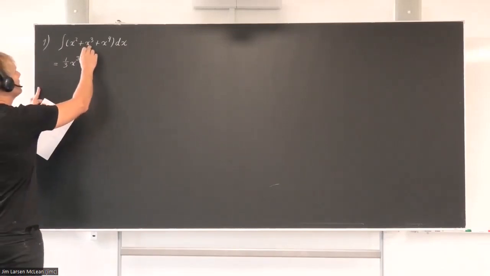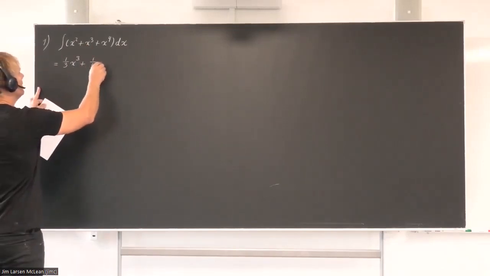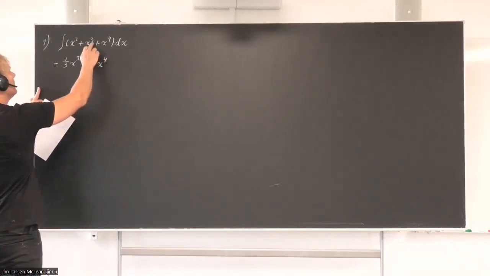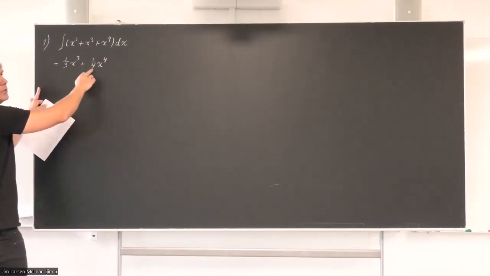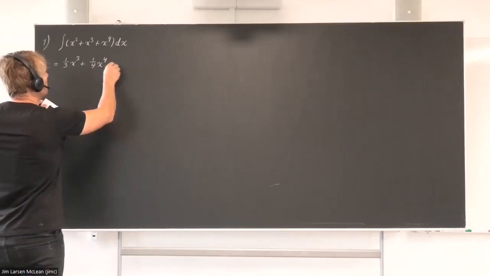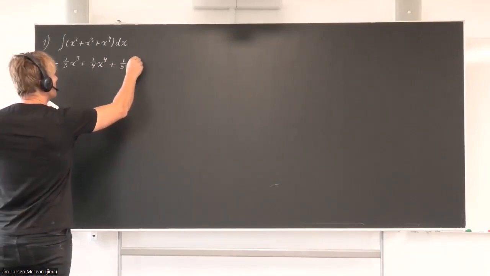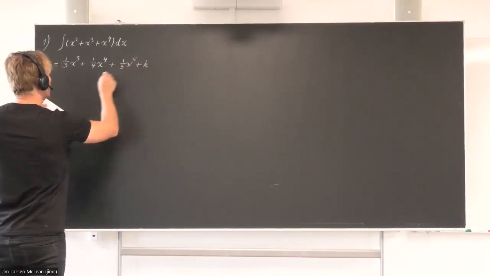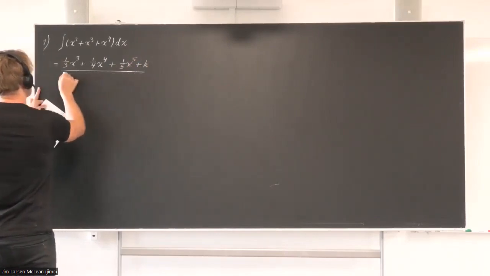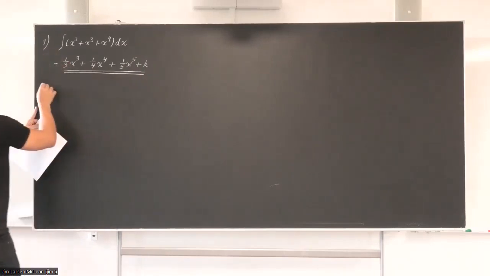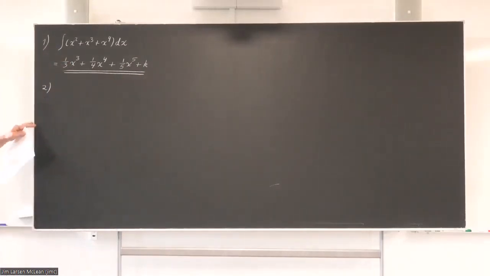The integral of x cubed must be 1/4 x to the 4th, because I need to increase the exponent by 1 and remember to divide by the new exponent. And likewise, the last term must be 1/5 x to the 5th. And finally, we can remember to add the constant to get all the antiderivatives. So that's the answer to task 1. And this is why I also like boards. You can make dotted lines.